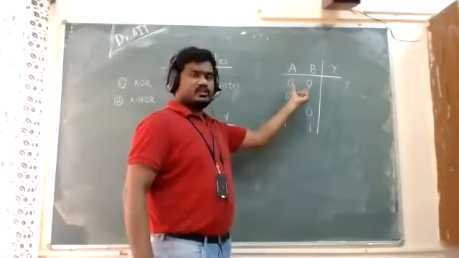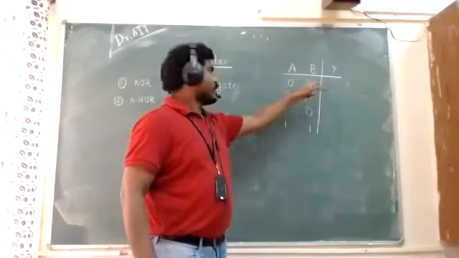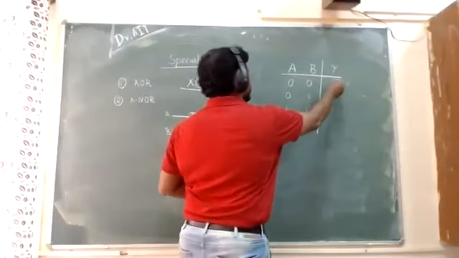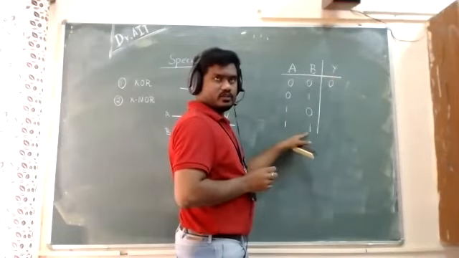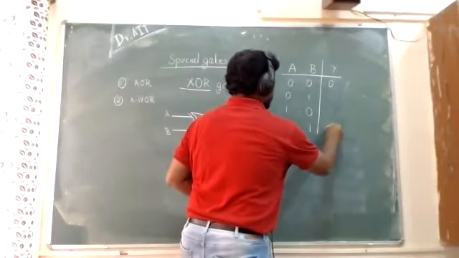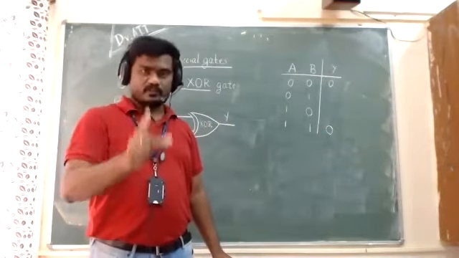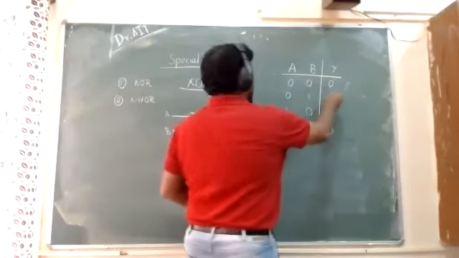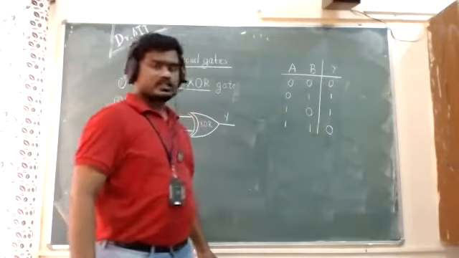Here we have the same inputs, so its output is equal to 0. And in the last combination also, we have the same type of input, so here also the output is equal to 0. And whenever there is a change in one bit between the inputs, then the output is logic 1.